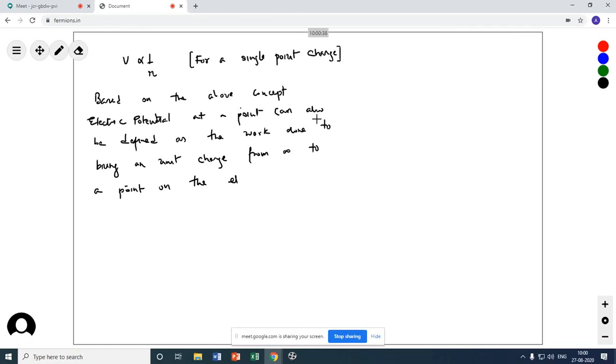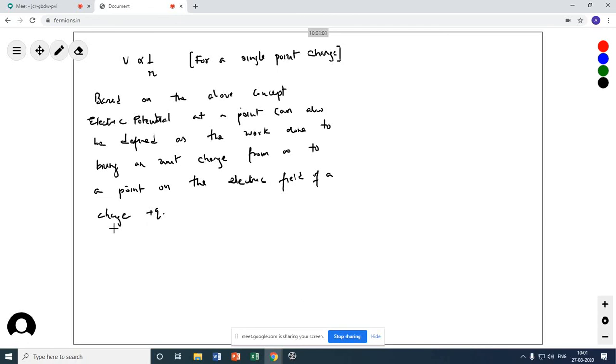Actually, I should have written it like this: electric potential at a point in the electric field of another charge, from infinity to a point in the electric field of a charge plus Q.